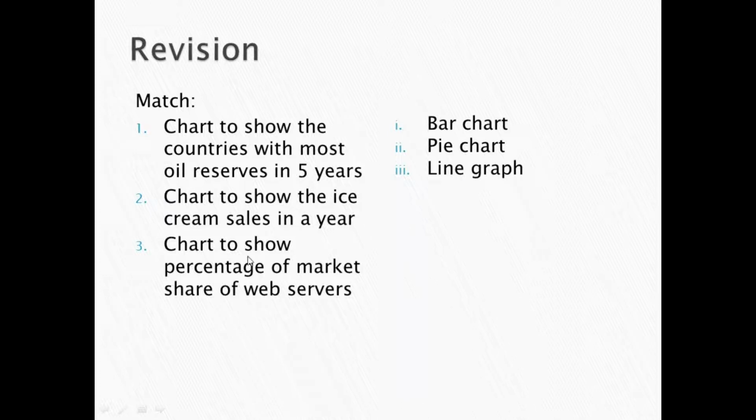Then after that, to show percentage of market share of web servers, so there might be some, let's say, three or four web servers, and I'm showing how much it's occupied by each. Like for example, 22% of the market is held by Apache, something like that. So which web server does it? So for this, I think pie chart will be good. And the last one is chart to show the countries with most oil reserves in 5 years. For this, bar chart will be good.